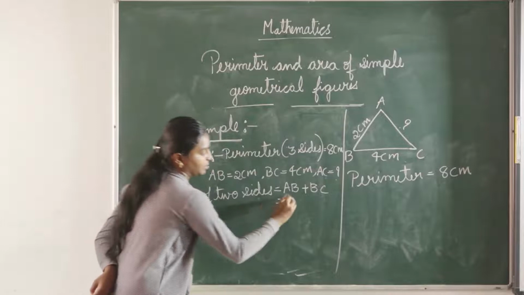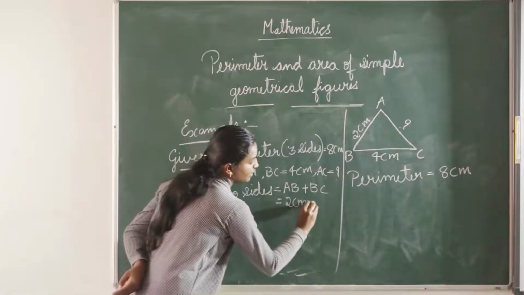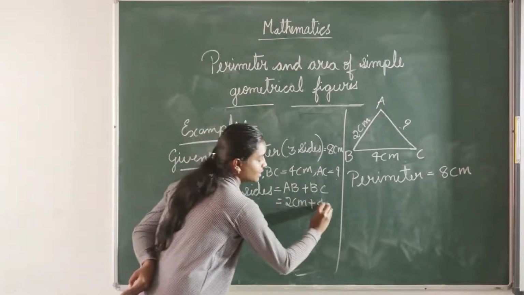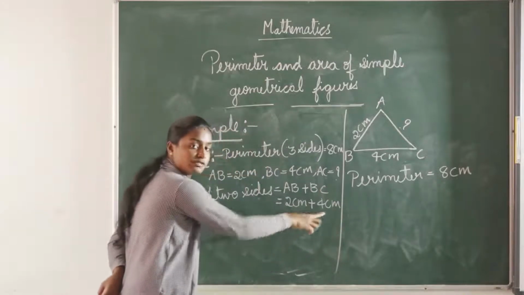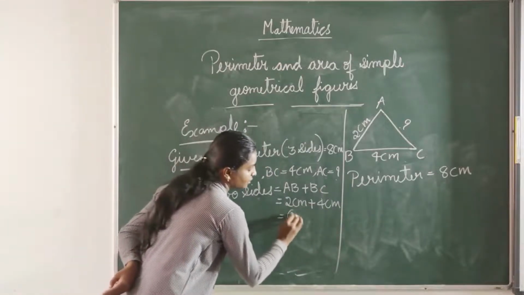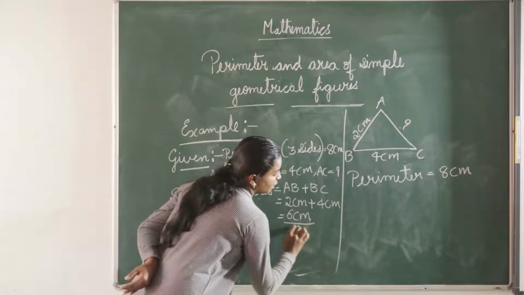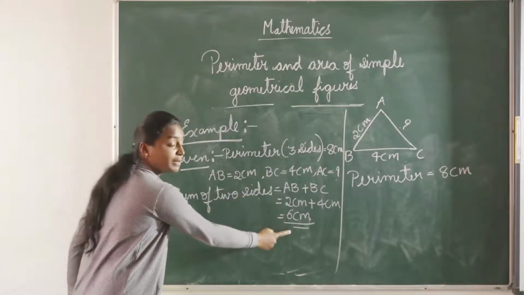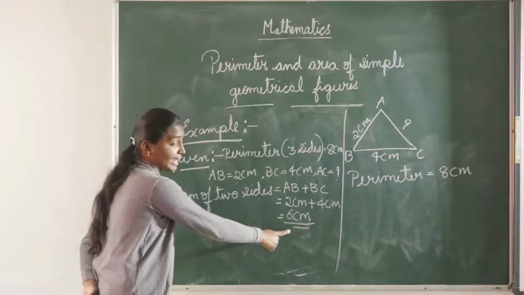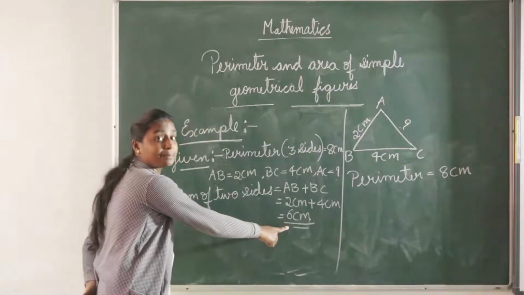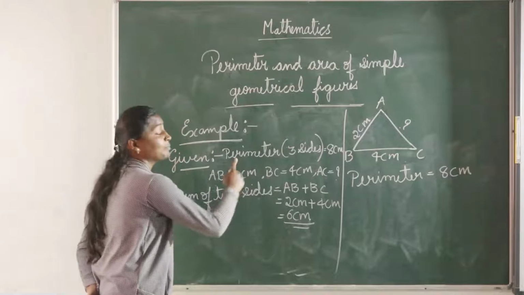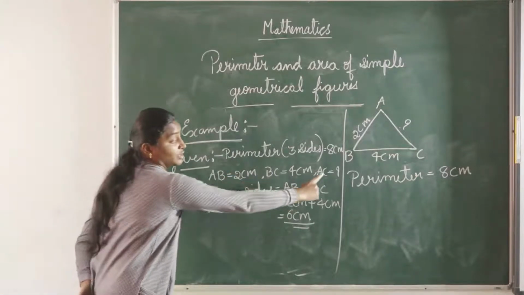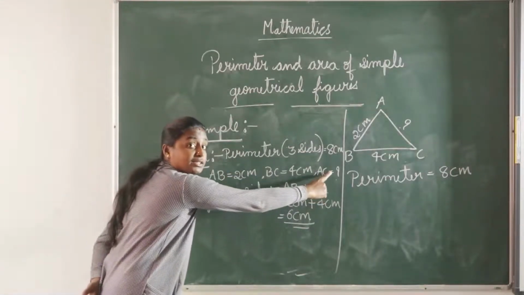How much? 2 centimeter plus 4 centimeter. 2 plus 4, 6. Very good. 6 centimeter. Now we got the measurement of two sides. Adding two sides, that should subtract from perimeter, so that you will get length of third side.